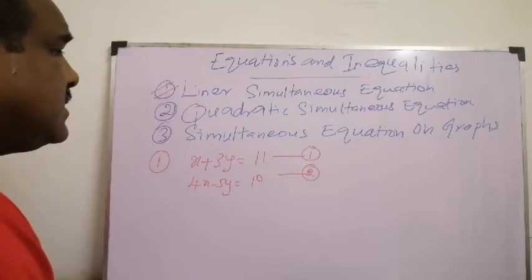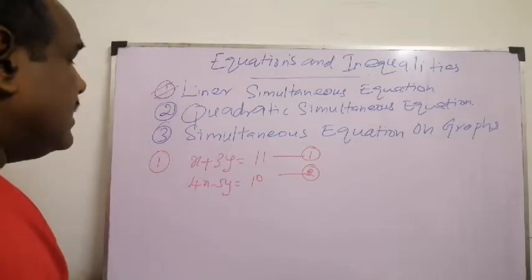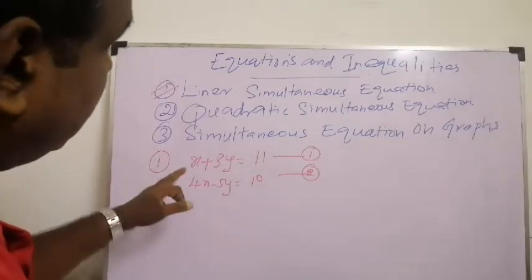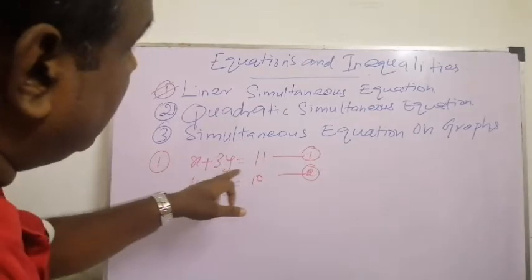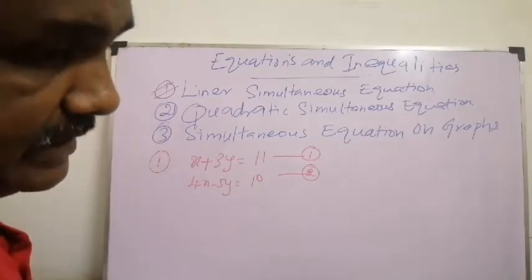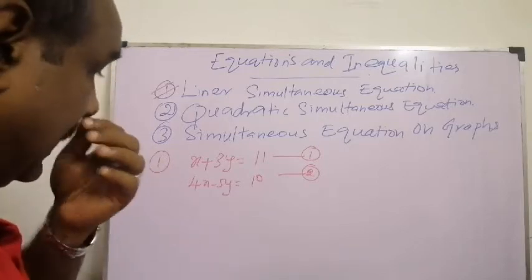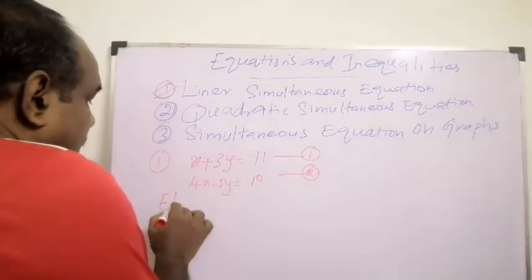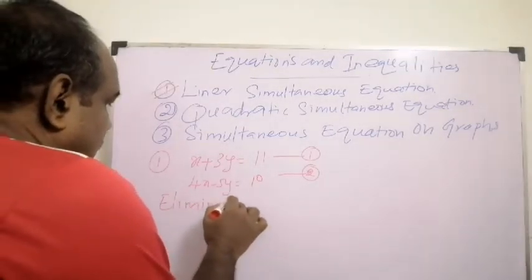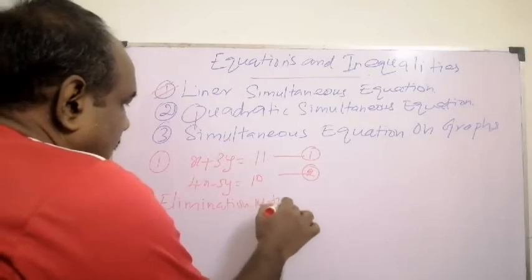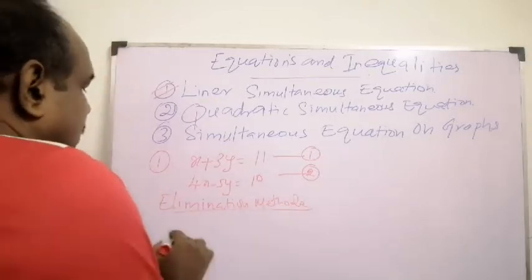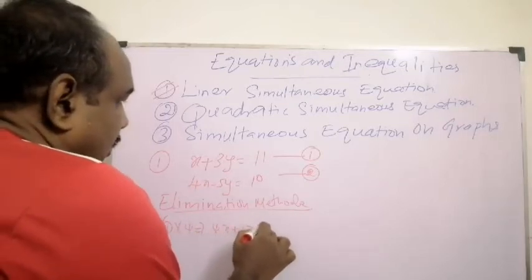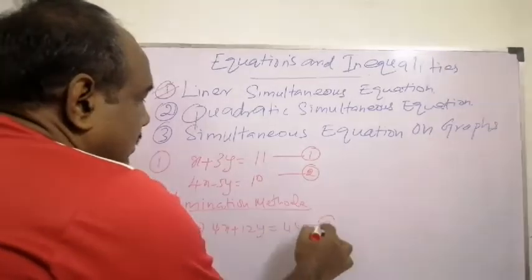First one is x plus 3y is equal to 11. Second is 4x minus 5y is equal to 10. If you are going by the elimination method, you multiply equation 1 by 4, and you get 4x plus 12y is equal to 44, equation 3.